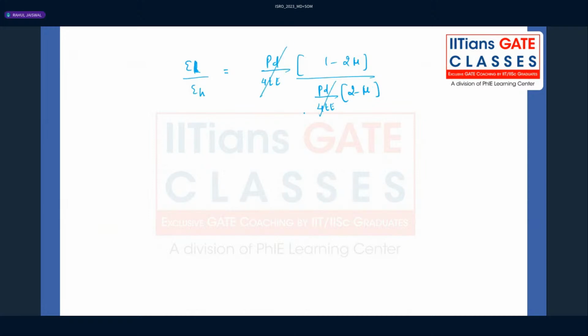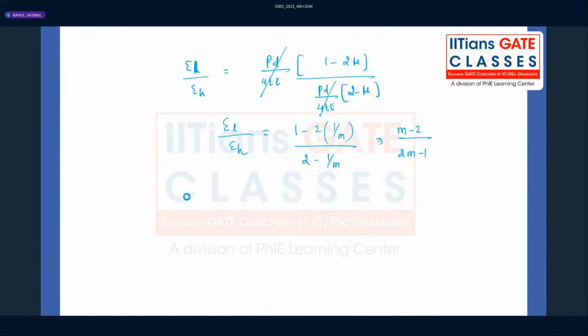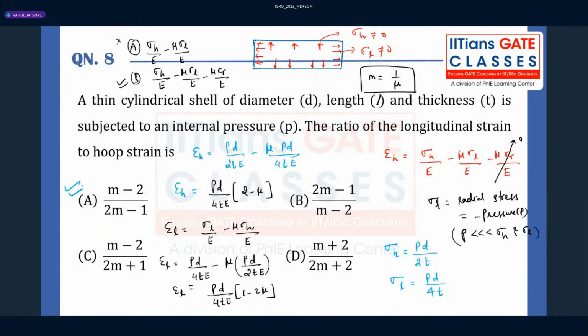So this will cancel out. So what you will be getting is 1 minus 2 times 1 upon m, over 2 minus 1 upon m, which gives m minus 2 over 2m minus 1. So when you look at the longitudinal strain to hoop strain, you get m minus 2 divided by 2m minus 1. So A will be correct.